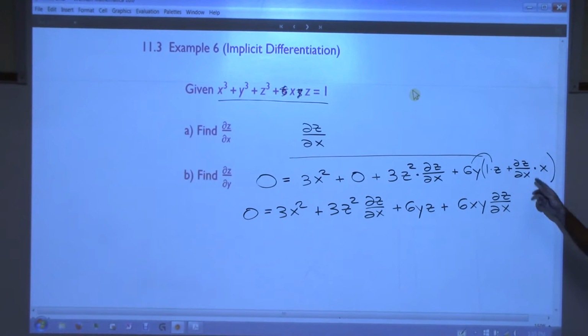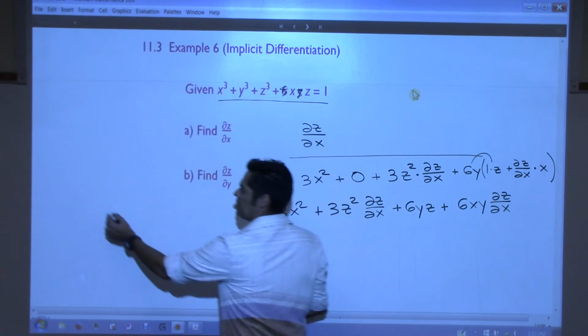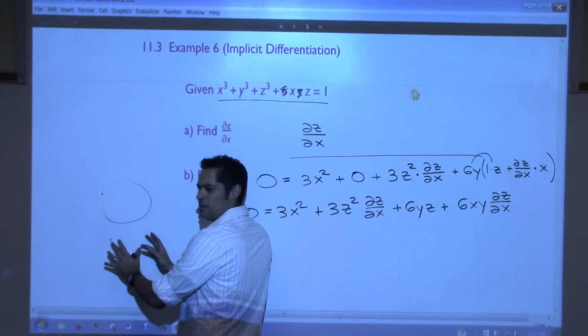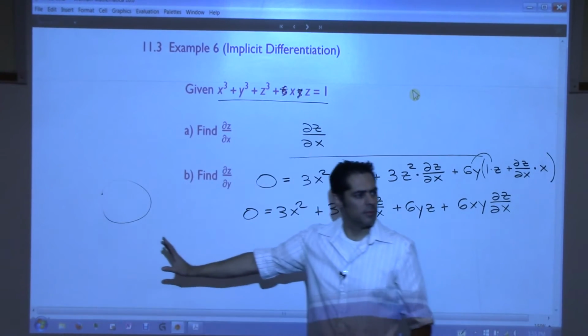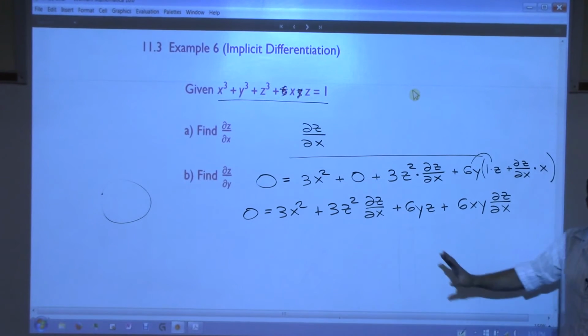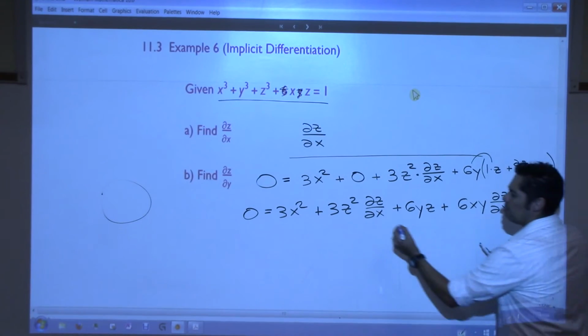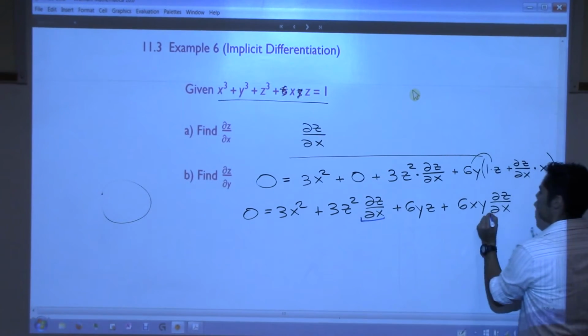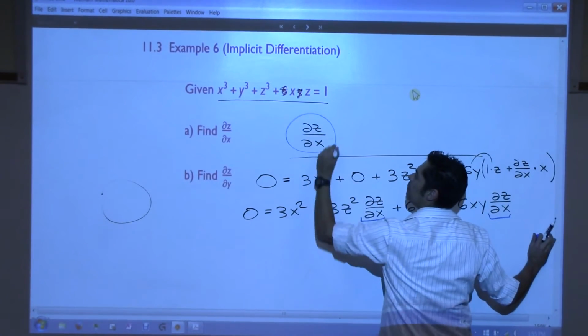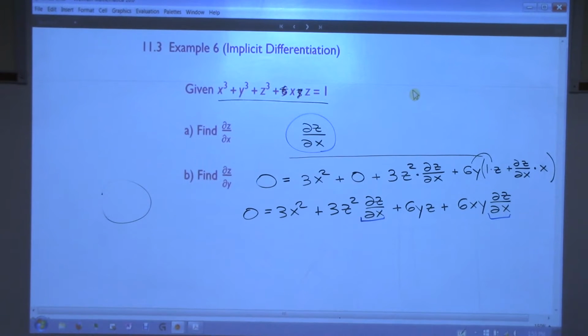And what did we do when I was showing you that circled one just a second ago and we did the whole partial thing? Didn't we isolate the y prime? We got it by itself on one side of the equation? That's what I'm doing now. I isolate the partial z with respect to x, which is what I was trying to find, right? Let's get that by itself. So why don't we move everything else that doesn't have that to the other side of the equation?